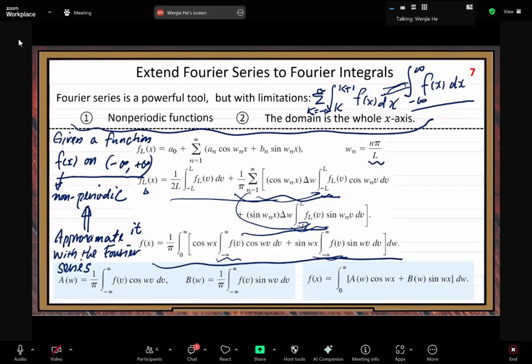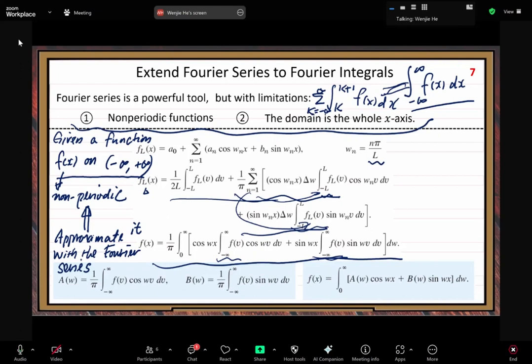Then we need to think about how to approximate this function. We need to find the approximation way. There is a simple way.